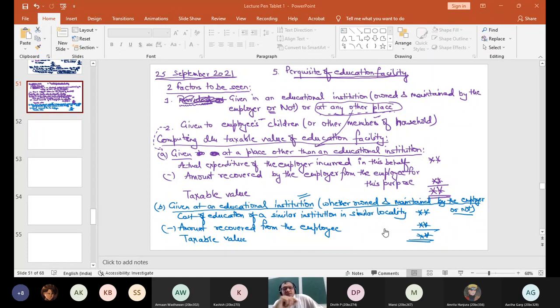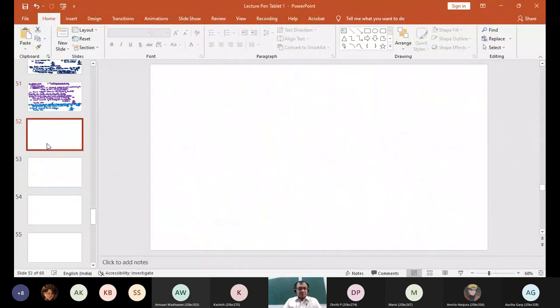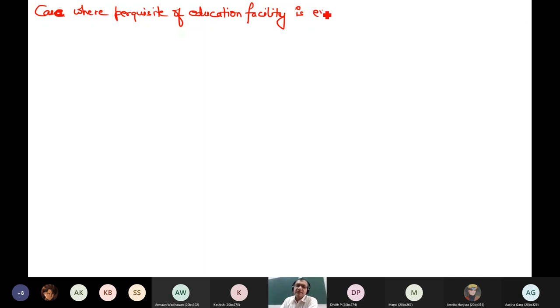Next point. Now, within this education facility, in one case it is tax free, where there is no tax. So, what is that? In only one case, the perquisite of education facility is exempt from tax.